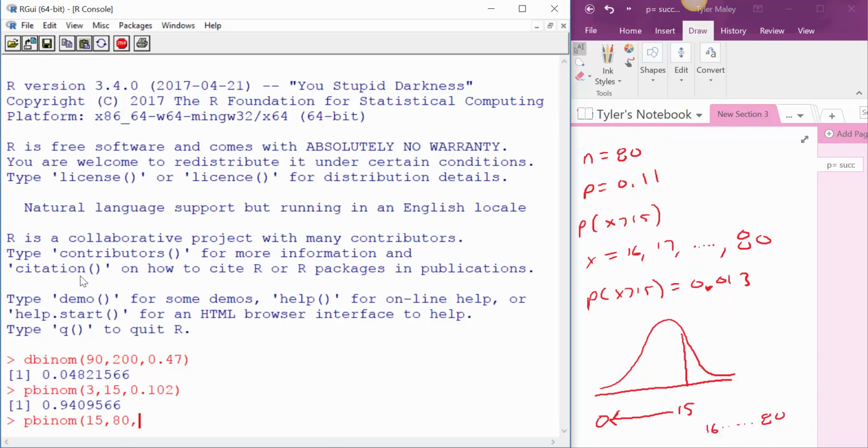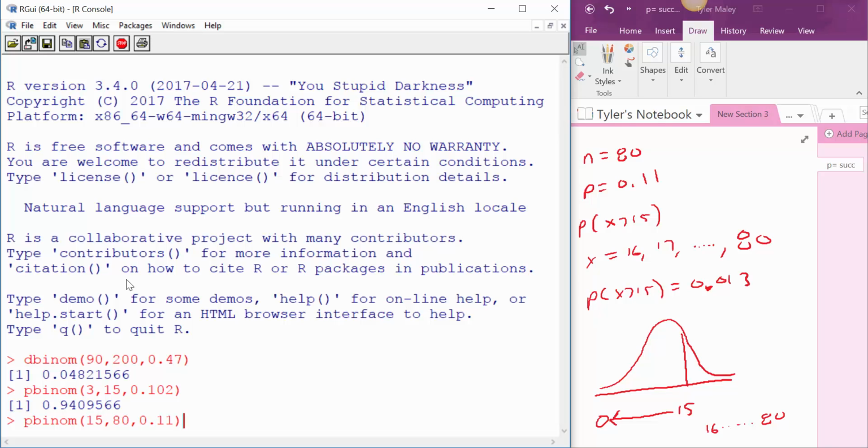And then my p-value, which is 0.11. If I type in the command just like this, what this is finding is the probability of 0 plus probability of 1 plus probability of 2 plus probability 3, 4, all the way up to 15. But I want to know 16 to 80.